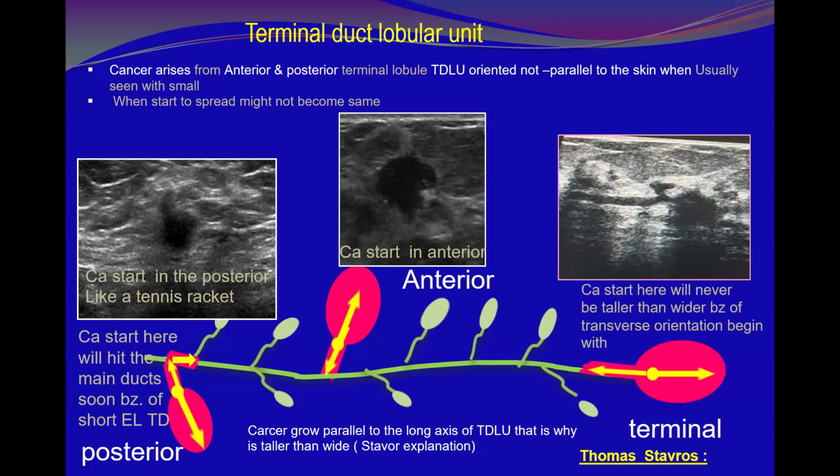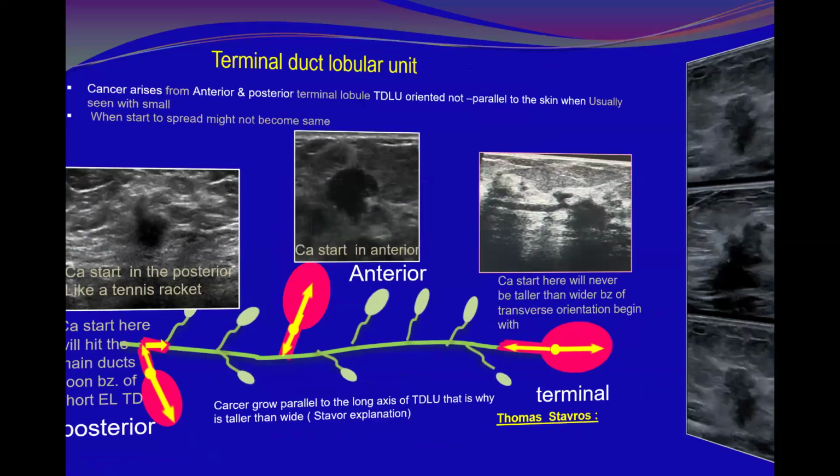Now you can understand the importance of sonographic anatomy. Understanding the sonographic anatomy helps us understand the interpretation and the pathology. Okay, and this one was proven invasive cancer with extensive DCIS, or extensive DCIS with invasive cancer.